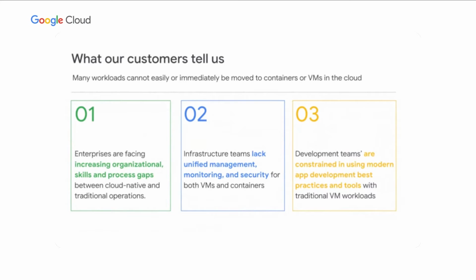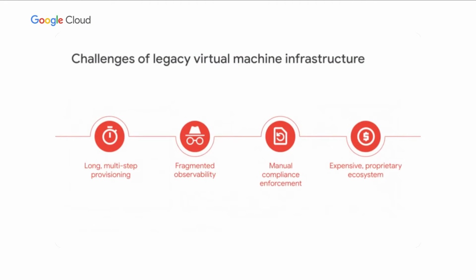And their dev teams are constrained in using modern application development techniques and tools with traditional VM workloads. Delving a little bit deeper, the root causes of these challenges are long multi step provisioning, fragmented observability, manual compliance enforcement, and an expensive proprietary ecosystem.